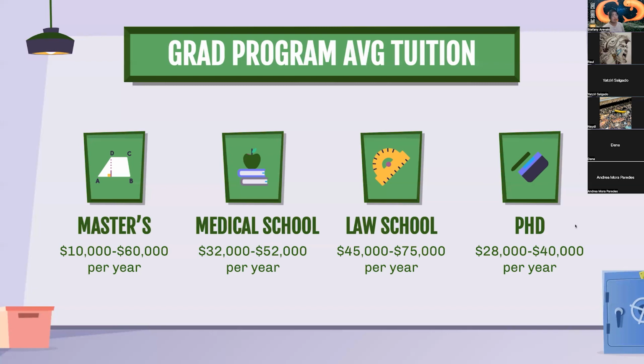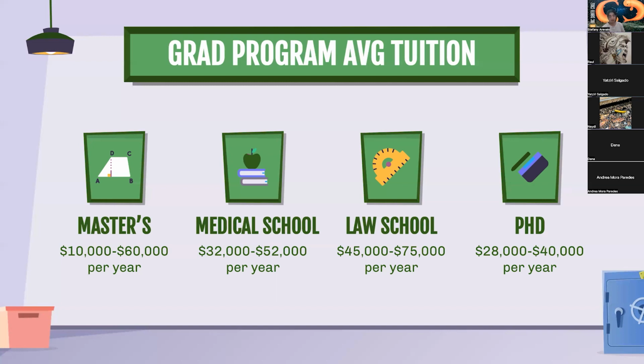And then if you want to do a PhD, that is around 28,000 to 40,000 per year. And again, this varies. It is a longer process. A PhD can take anywhere between 5 to 7 years. So just keep in mind, this cost is also over a long time, kind of like med school.